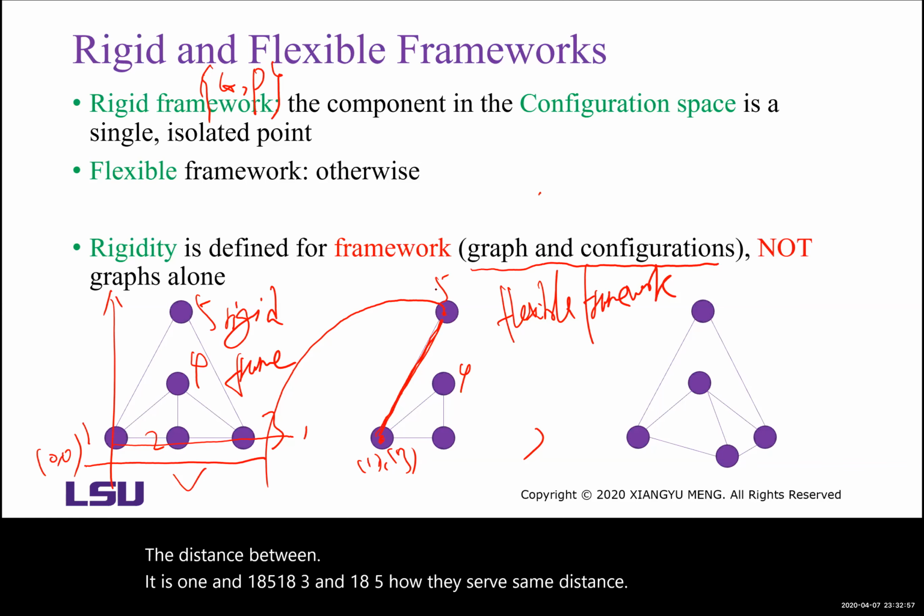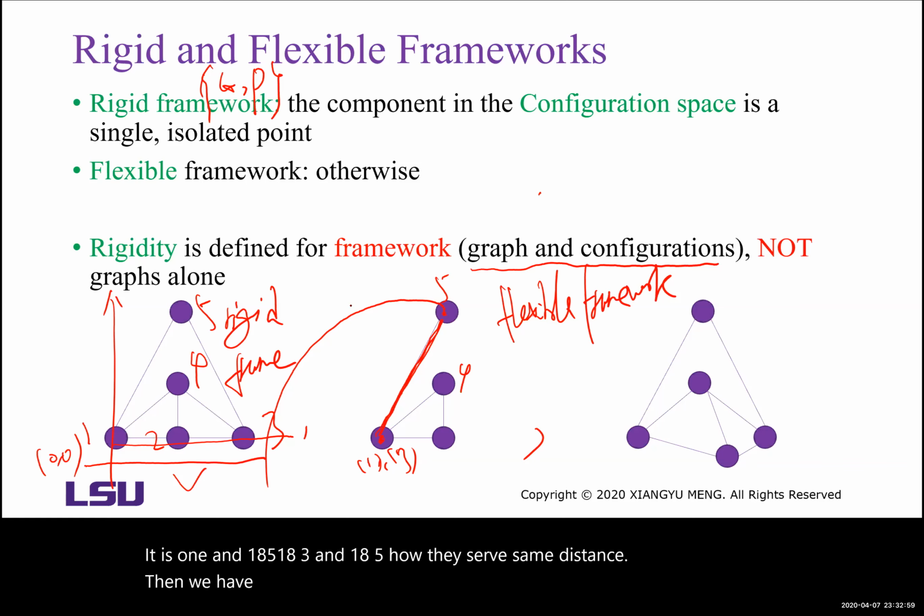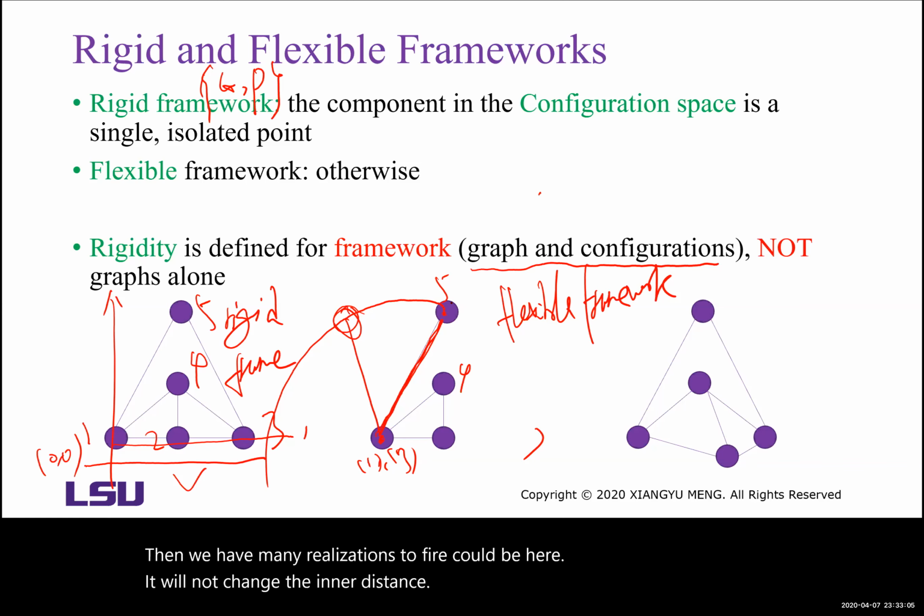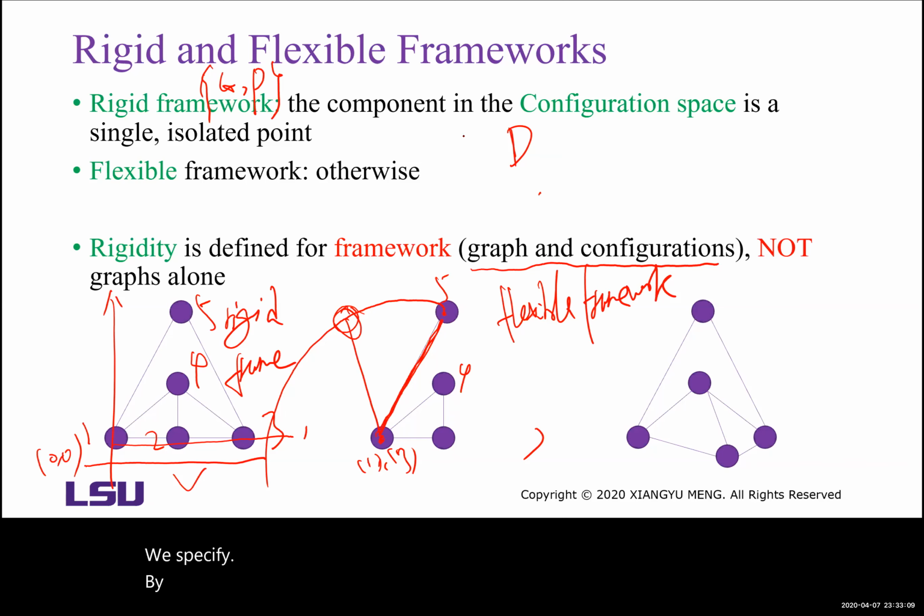Then we have many realizations. So 5 could be here. It will not change the inner distances we specified by the weighted matrix D in the graph, V, E, and D.